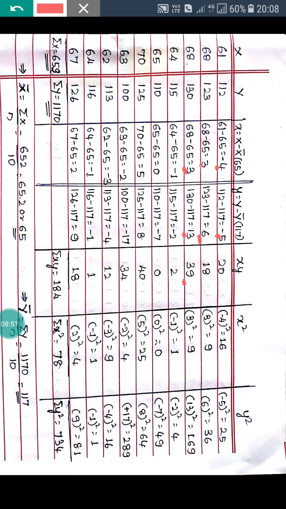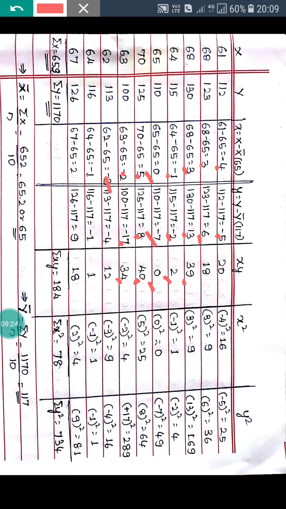Next, the x value is minus 1 and the y value is minus 2, minus into minus is plus, and the value is 2 ones are 2. 0 into minus 7 comes 0. Next, 5 into 8 is 40. Next, minus 2 into minus 17 is 34.